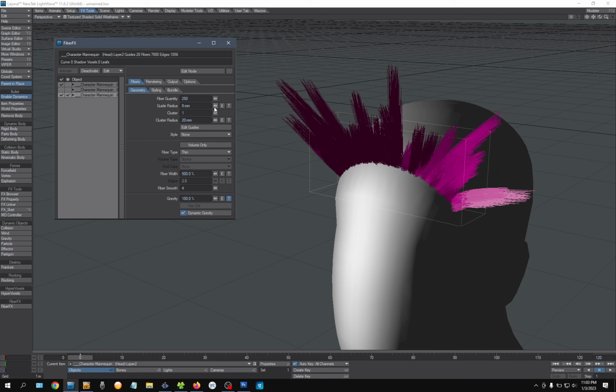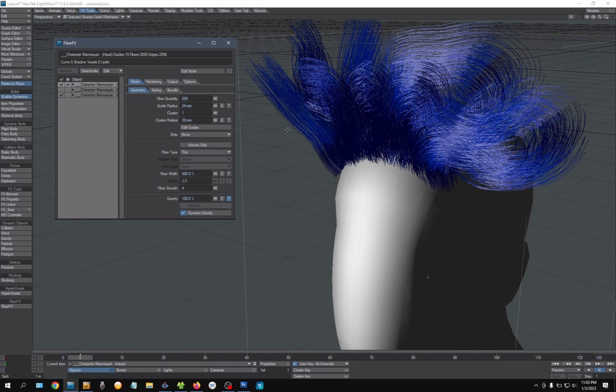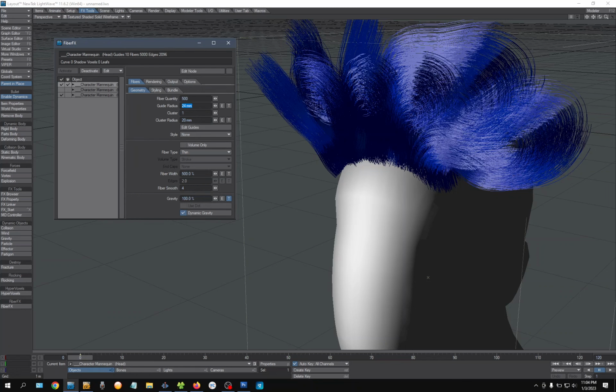So the idea is that you can combine these two guys, because now this is kind of like all over the place, isn't it? I mean, I could make that higher, but it's not perfect.